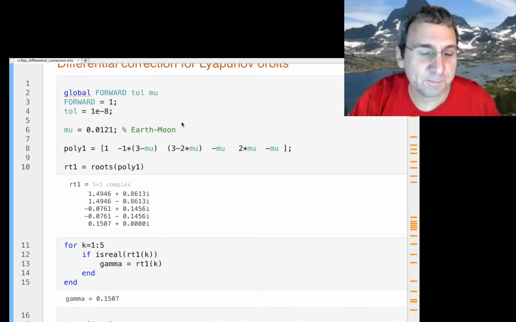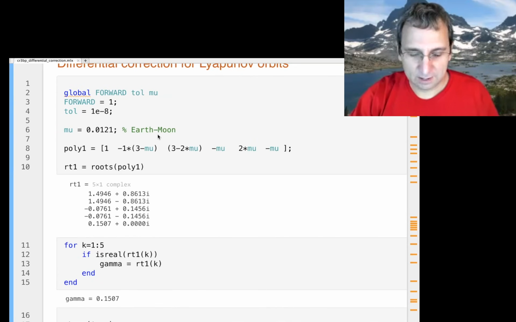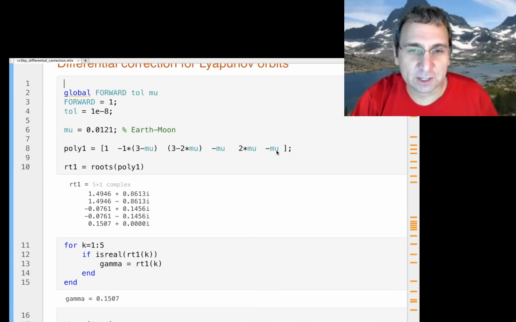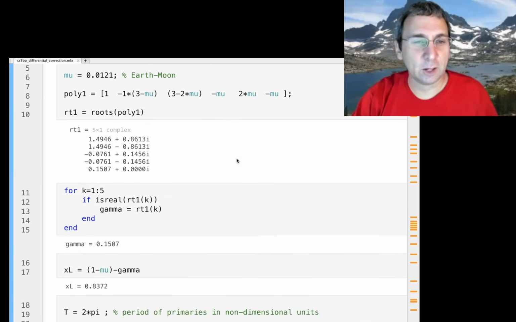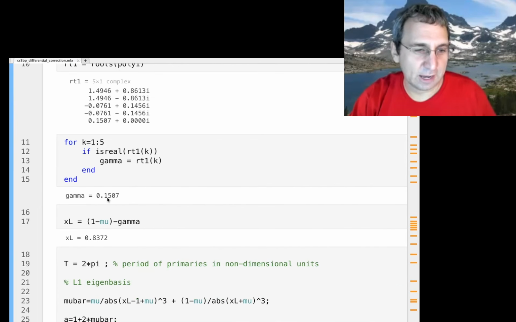So this works. I'm doing the same thing from before where we use the mu of the Earth-Moon system. And we get the polynomial to tell us where L1 is. We take the only real root from this quintic polynomial, and that gives us gamma 1.